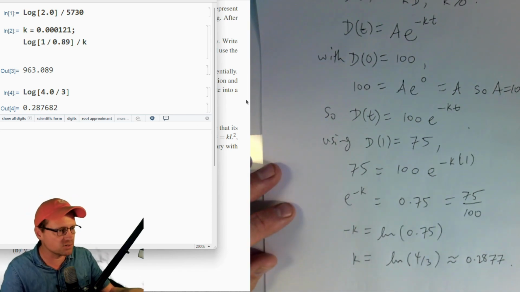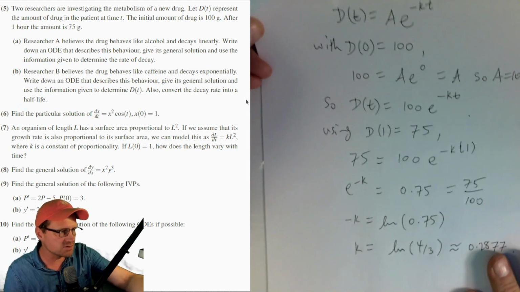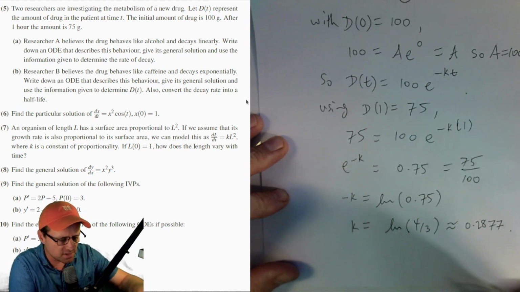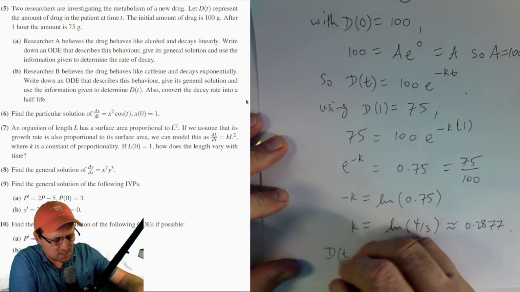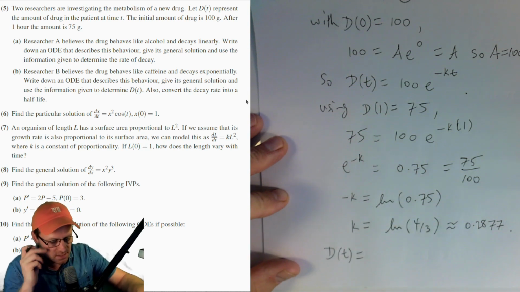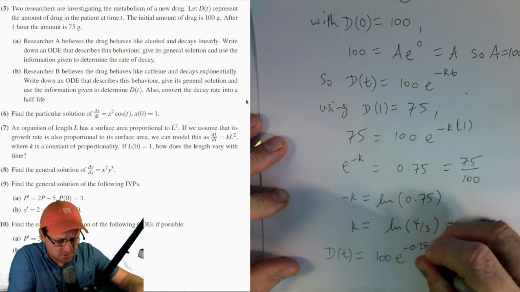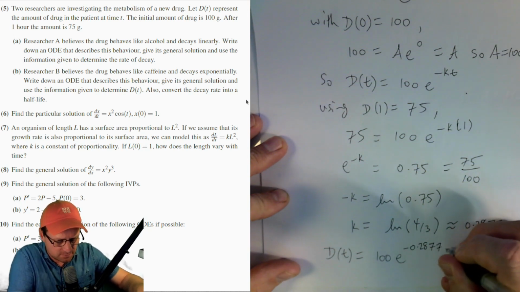Okay, so let's go back to our question, give its general solution, and use the information to determine D(t). So we found D(t) is A e to the minus kt, but A is 100, so 100 e to the minus 0.2877t.